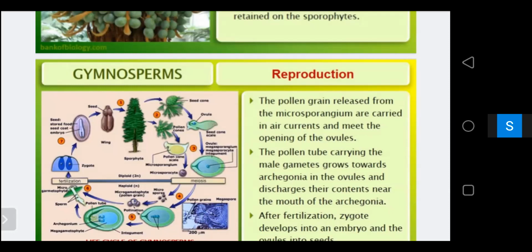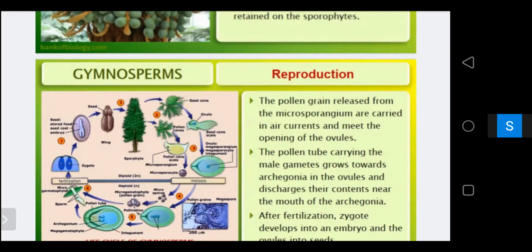The microspores are released by the microsporophylls, while in megasporophylls, megaspores are retained inside the megasporangium.